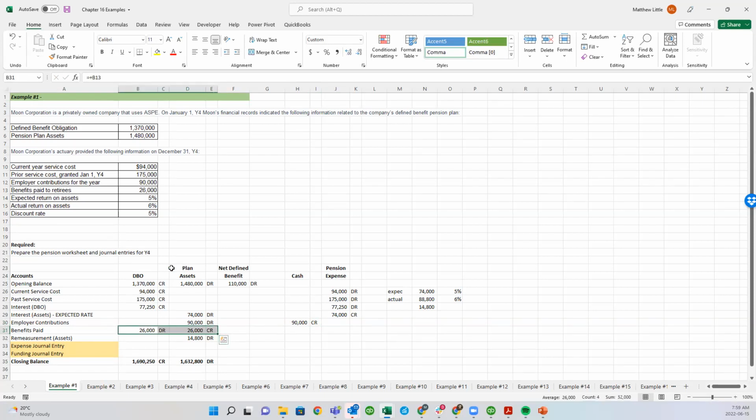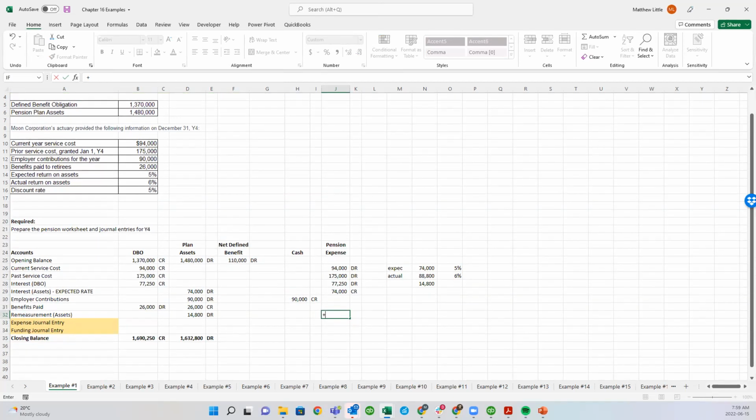Benefits paid came out of the assets, so no impact on our internal financial statements. The remeasurement also becomes part of pension expense under IFRS. And under ASPE in this case, it is as well. So we have our 14.8 as a credit because we earned more than we thought.